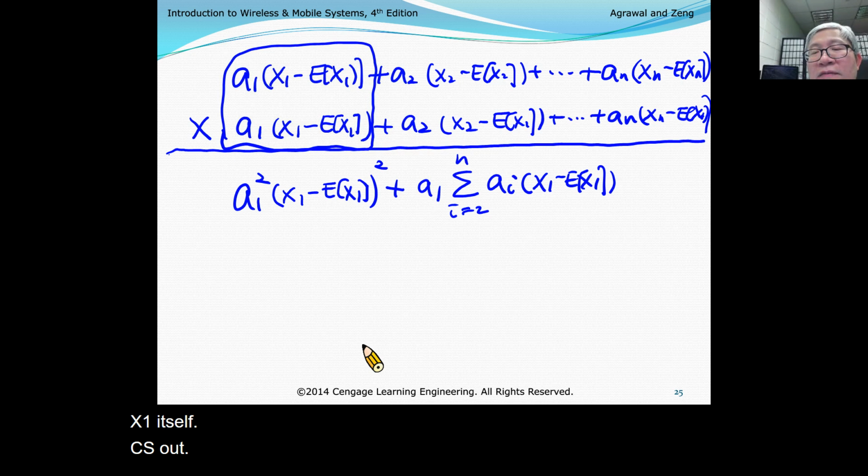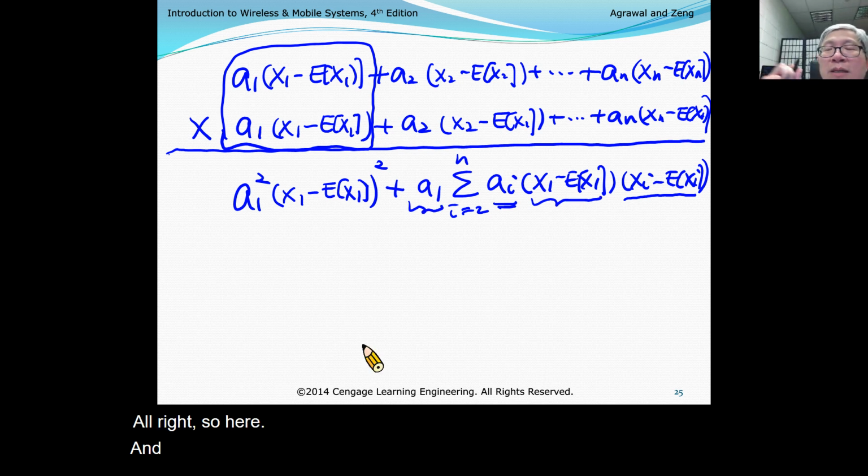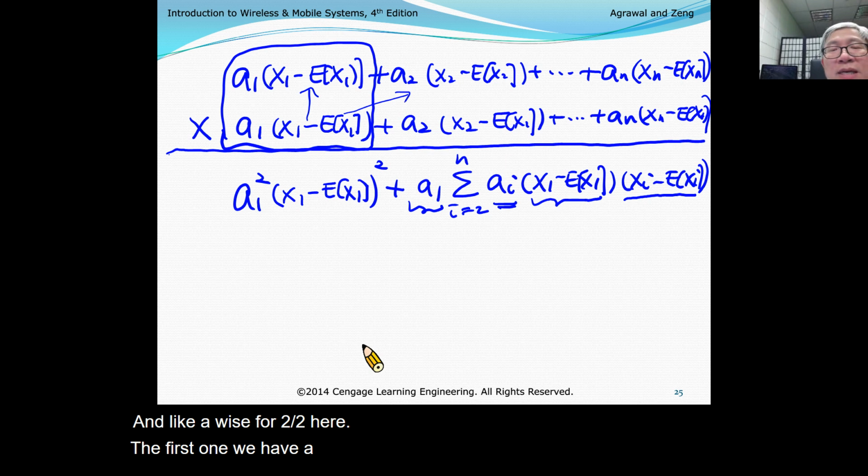And we have this. Xi minus Xi. Alright, so here, and 1 here. And likewise for 2, 2 here. So the first one, we have multiplication. And the second one, we have multiplication.